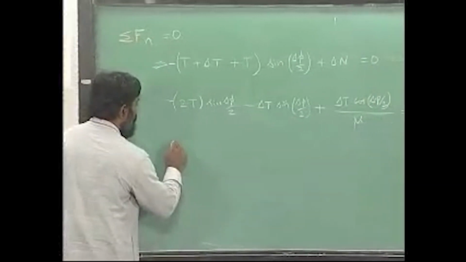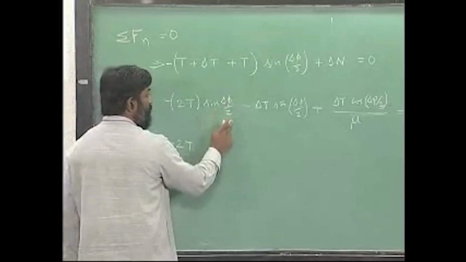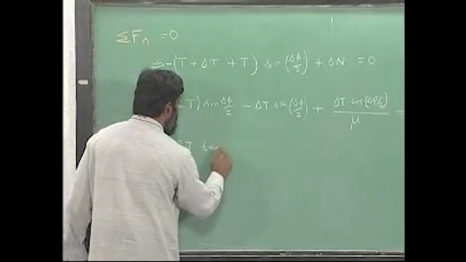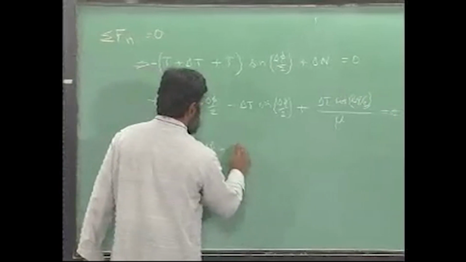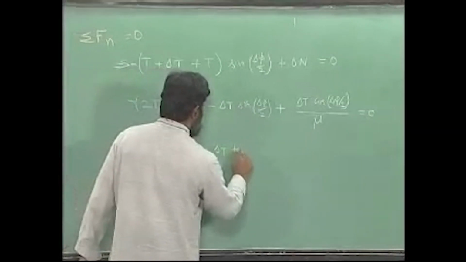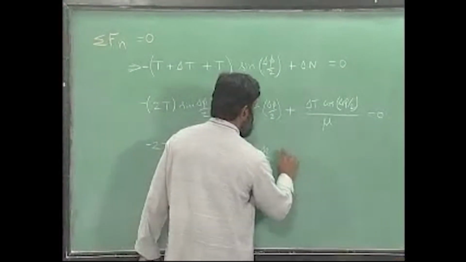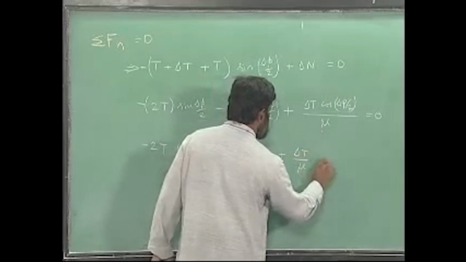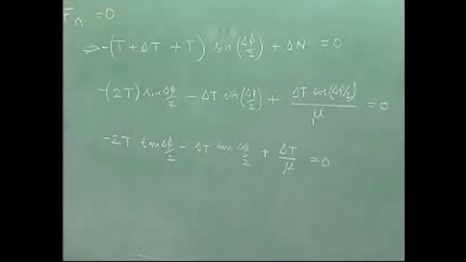If I do that, I get 2T sin delta phi by 2 by cos delta phi by 2, which is tan delta phi by 2, minus delta T tan delta phi by 2, plus delta T by mu. All right.